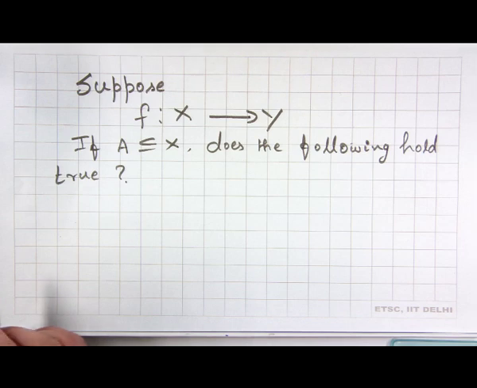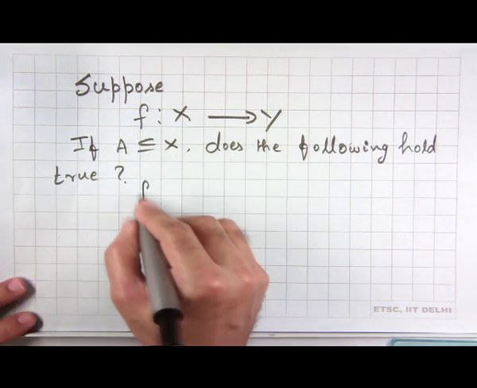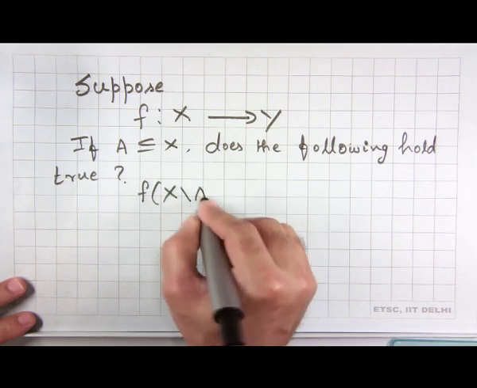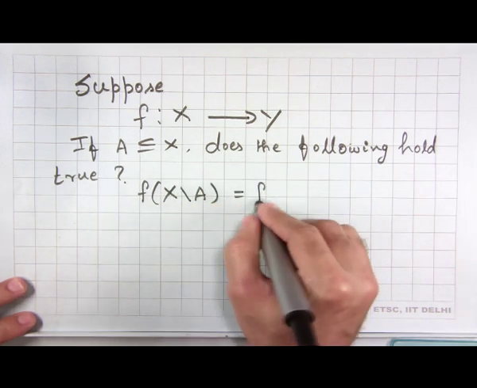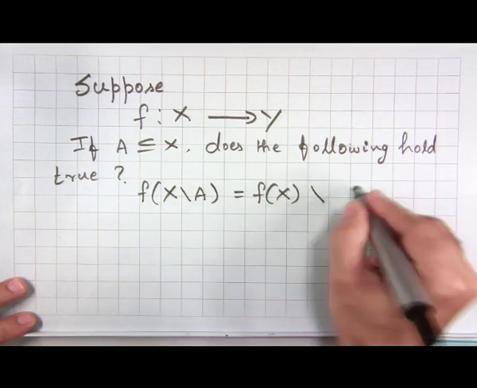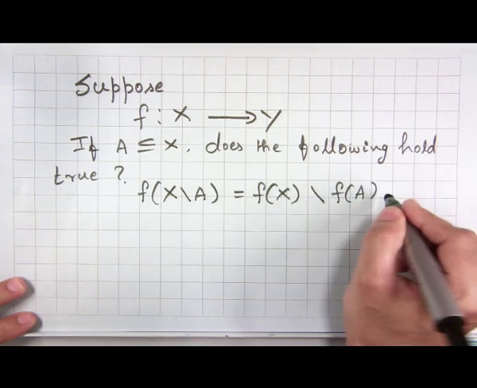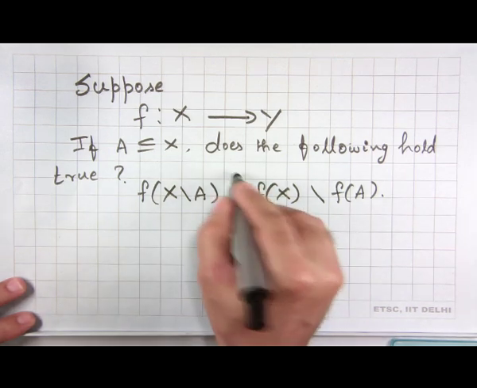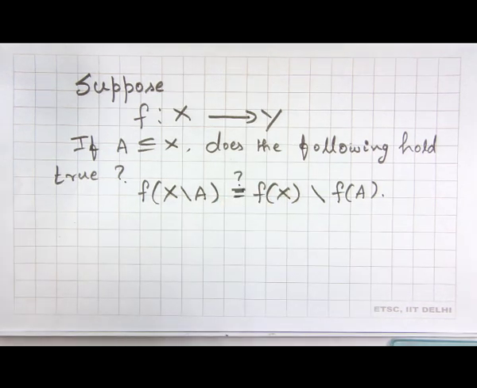Let us look at a simple one. What we wanted is this: f of X minus A, is it the same as f X minus f A? Does the following equality hold true?